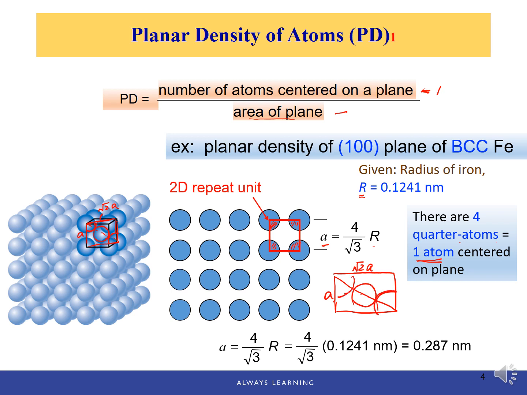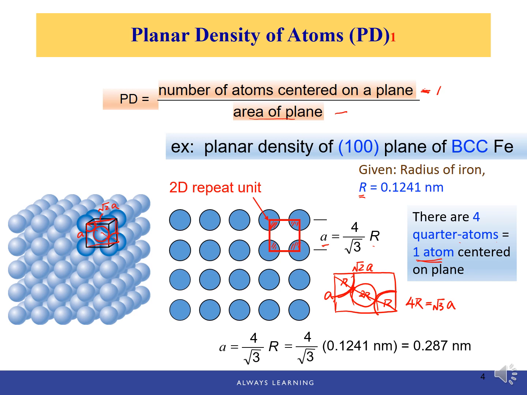Not a very good drawing, but just like that. Now we have 4 R's. So this is 1 R, 2 R, another R. 4R equals square root of 3 a. So this is the relation between the radius of the atom and the lattice parameter a.